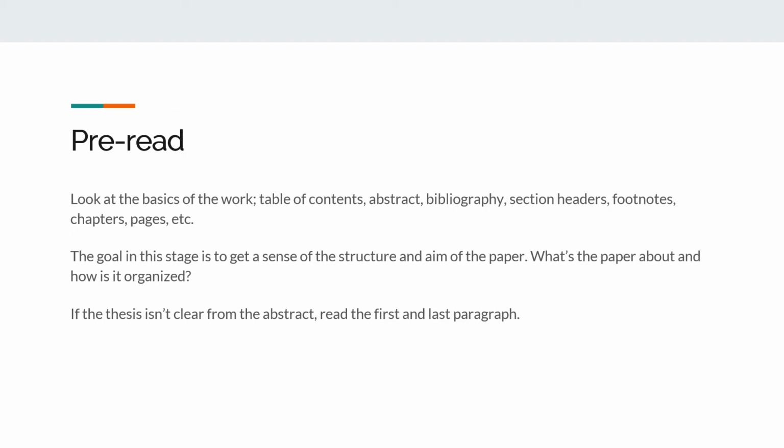And so the goal of this pre-reading stage is to get a sense of the structure and the aim of the paper. What's the paper about? How is it going to be organized? That way, you know exactly what you're in for, and ultimately how the author is going to get to whatever the position is that they're focusing on, right?